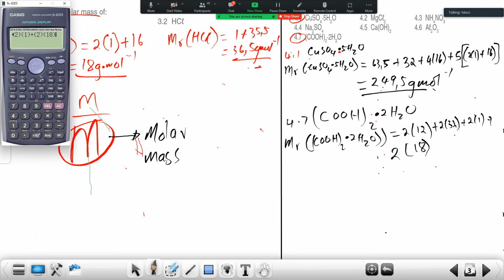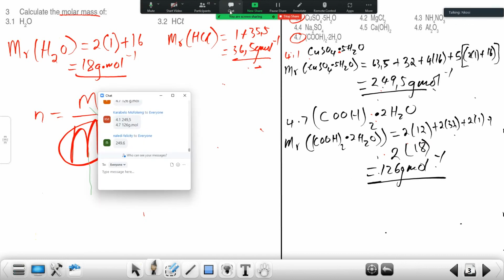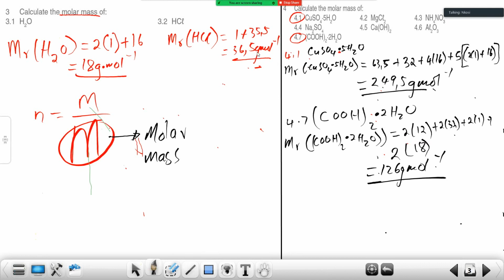So this will be 126 gram per mole. So if we are able to do such complex problems, then we will not have any problem in terms of ensuring that we are in the right direction when we calculate the molar mass.